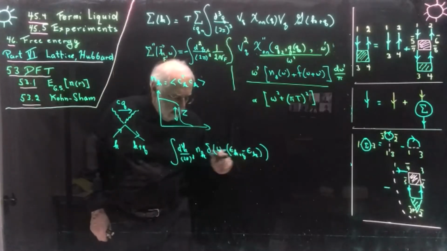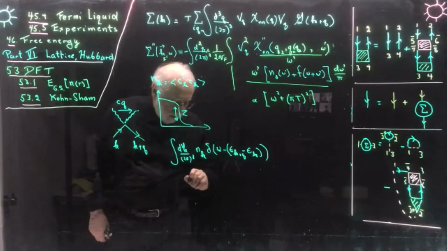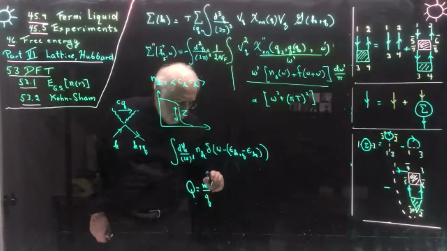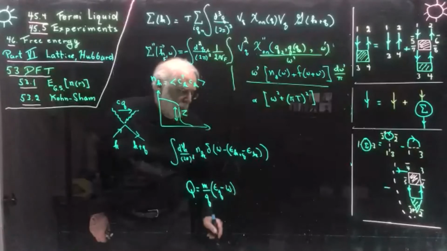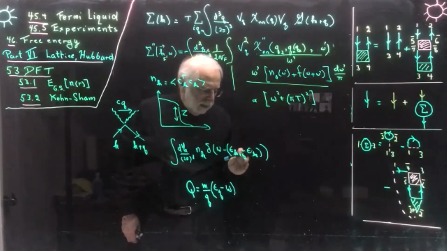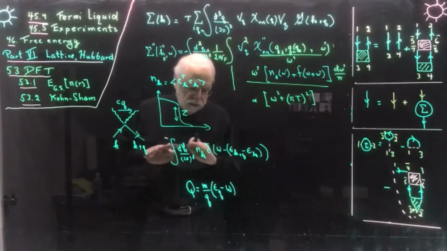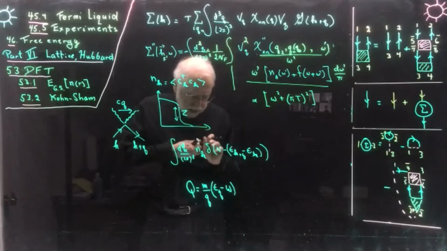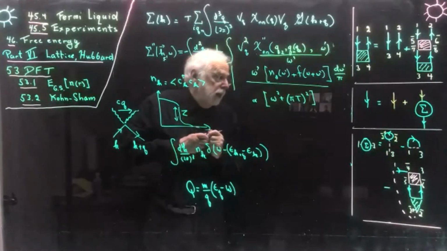But here the final result will depend on the momentum transfer Q, like this. It would be m over Q times epsilon Q minus omega. You can see it here because this again will give K dot Q, where there's a cosine, so we do the cosine integral. In the end, the result depends on this.